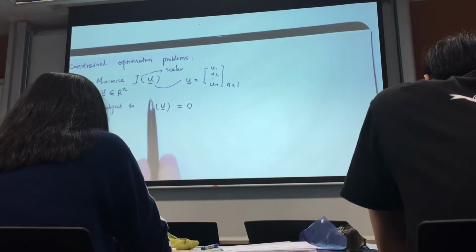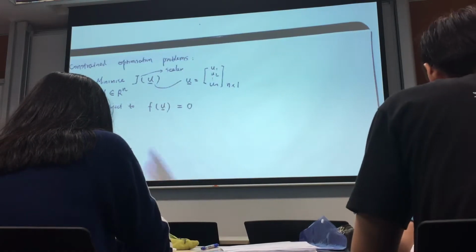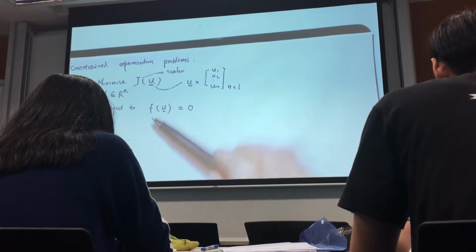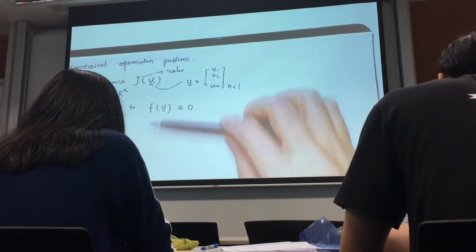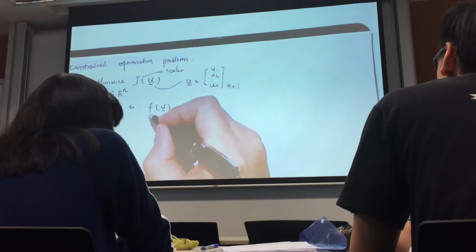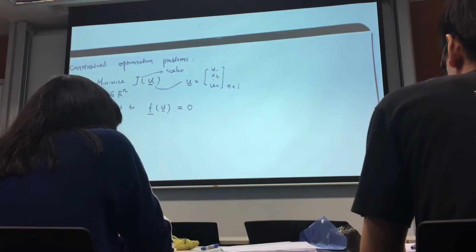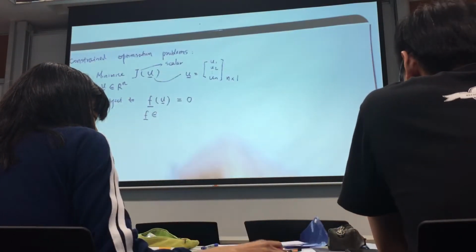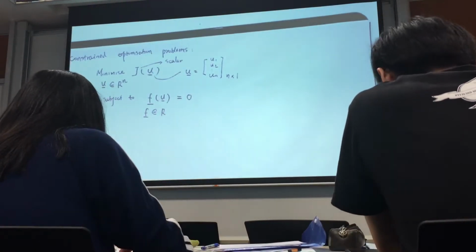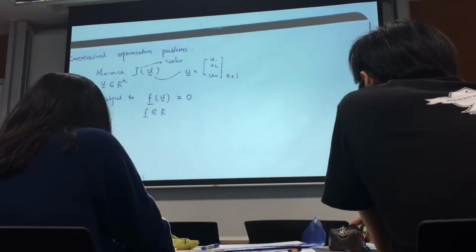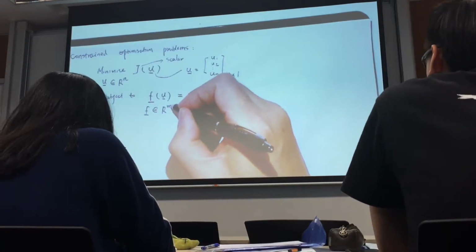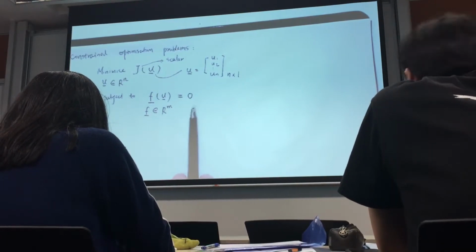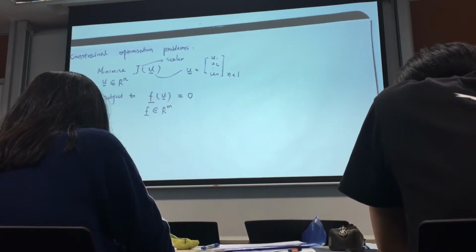If I write the condition this way, we have only one equation, but actually we can have multiple equations. So generally f will be a vector, real and in an m-dimensional space. So that means we have m equations.